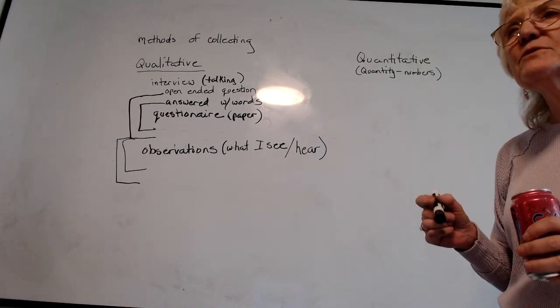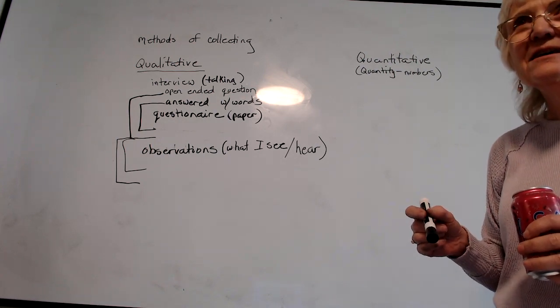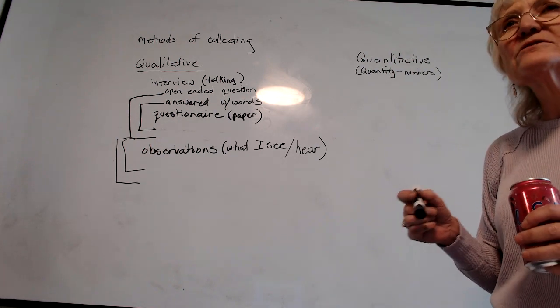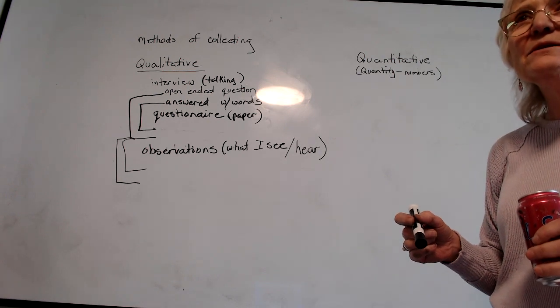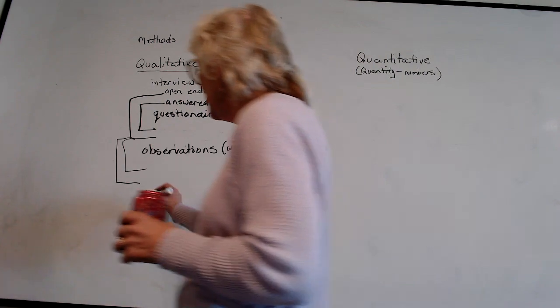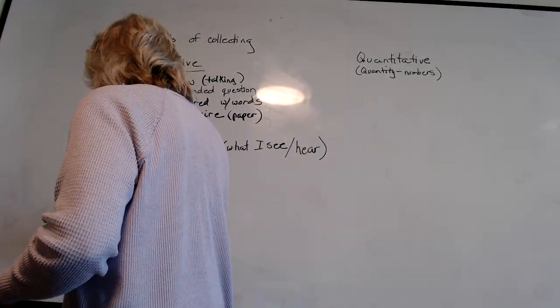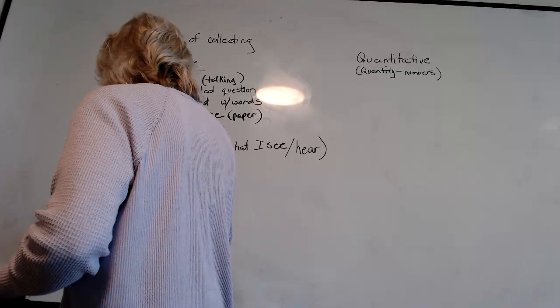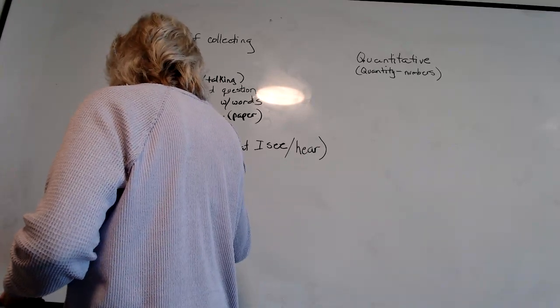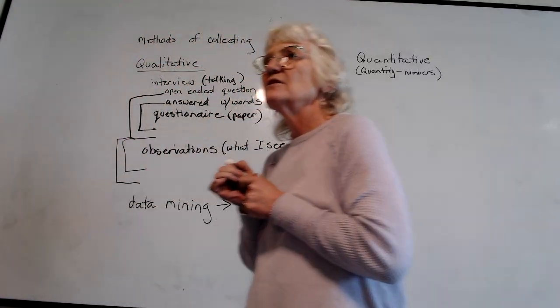A lot of times we will do observations or data searches and look at different articles or databases about people, and we try to come up with things. So it's called data mining. Okay, so this is an interesting concept. There is all sorts of data out there about you.